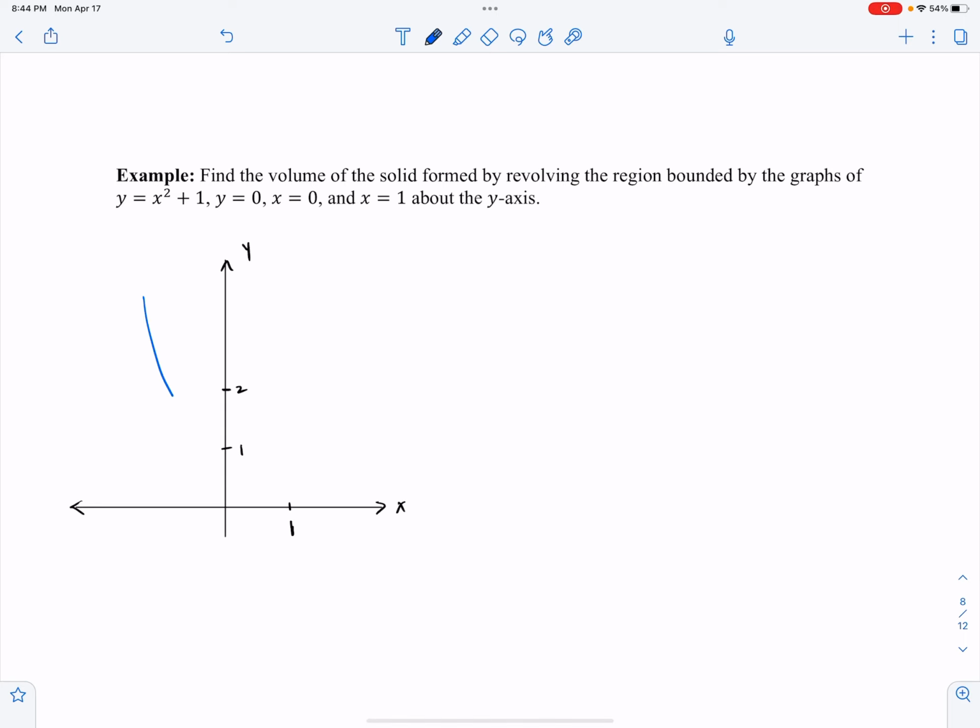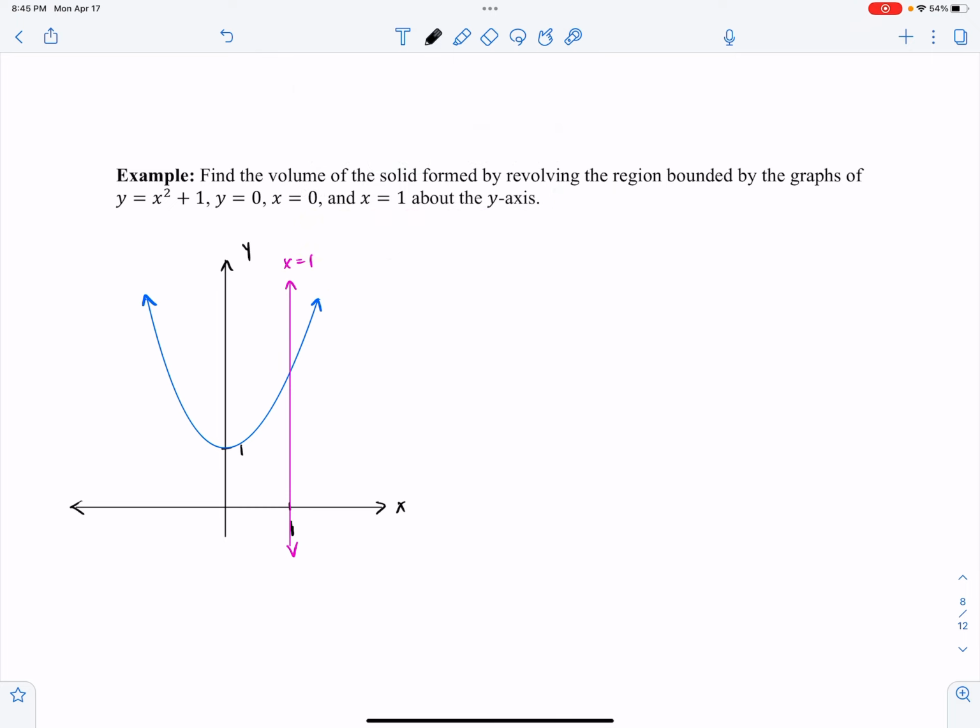okay, so x squared plus 1, that's y equals x squared plus 1. y equals 0, that's the x-axis, x equals 0 is the y-axis, and then x equals 1, which should intersect at the point (1, 2).